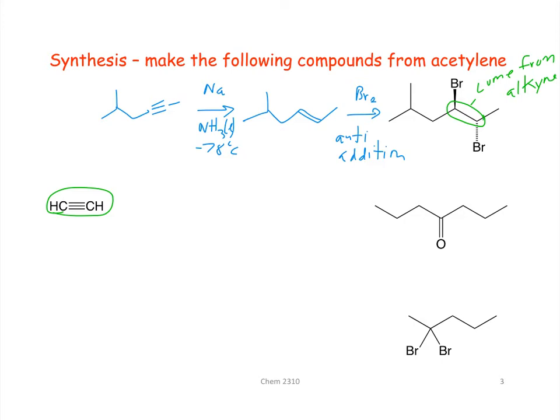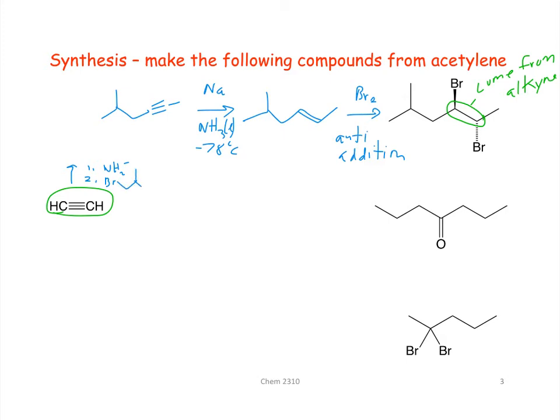We're going to add one group to one end of the alkyne, to acetylene, the other group to the other end. So let's do first, we can add NH2-, the base, to remove the proton on acetylene. And then we can add an alkyl halide.